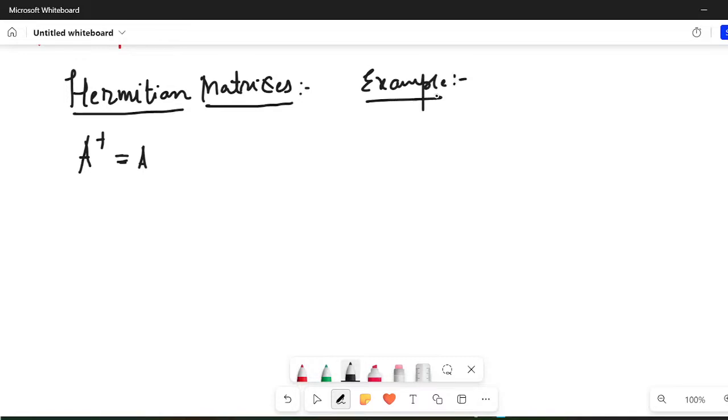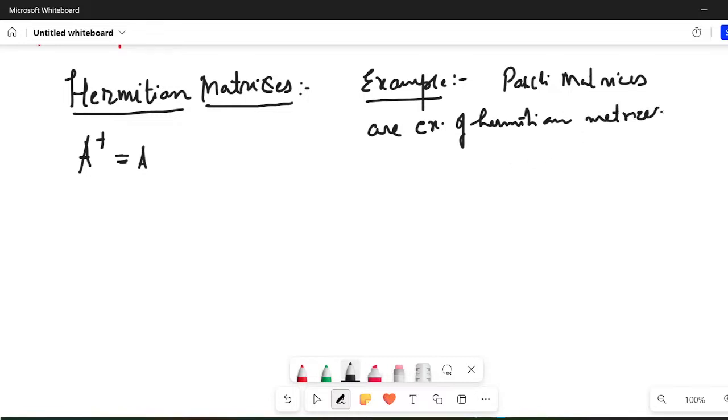One of the most profound examples that we are going to study in quantum mechanics would be the Pauli matrices. So Pauli matrices are examples of Hermitian matrices. Another example that I'm going to take today is from classical mechanics.